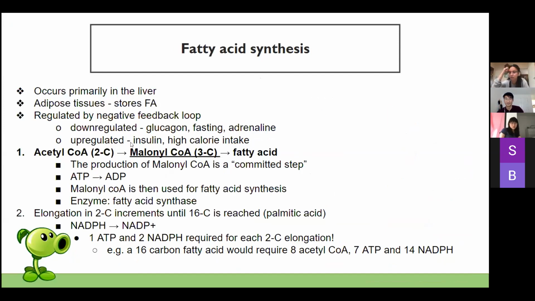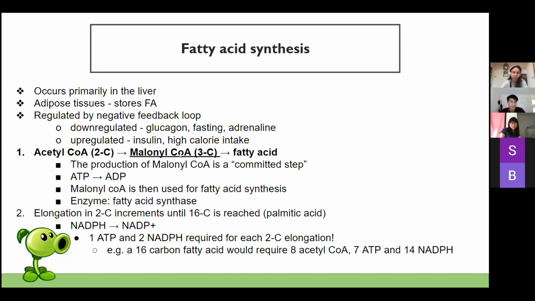Apart from the third dot point, the important thing to remember is that before it can turn into a fatty acid, acetyl-CoA has to turn into malonyl-CoA first. This is what's called a committed step. A committed step means that once it's converted to malonyl-CoA, it can't go back. It's like the point of no return.